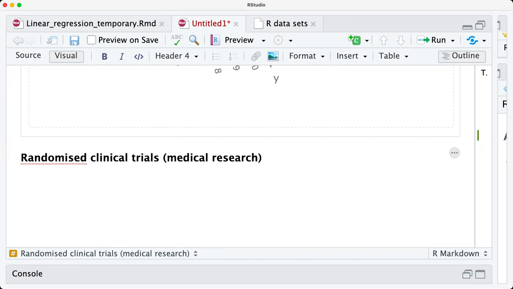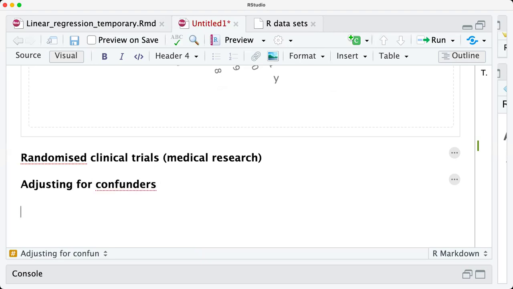So maybe we will speak about it later. And let's go for adjusting for confounders.